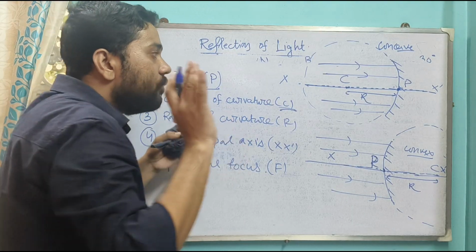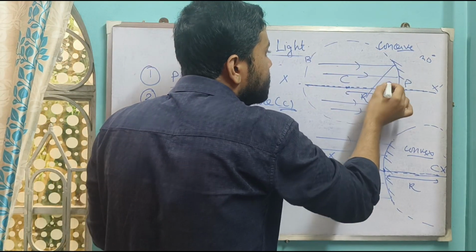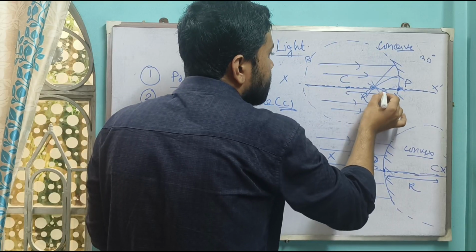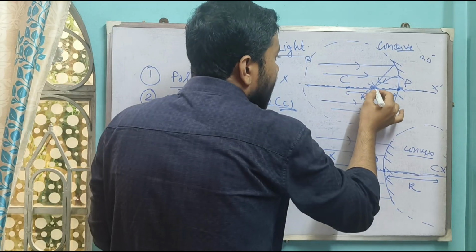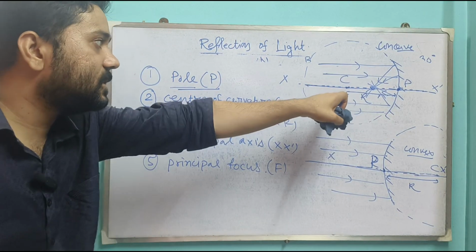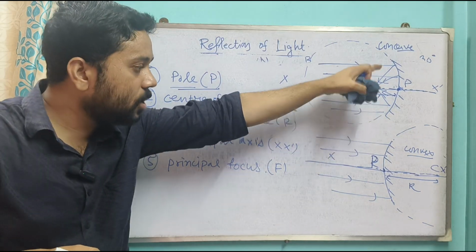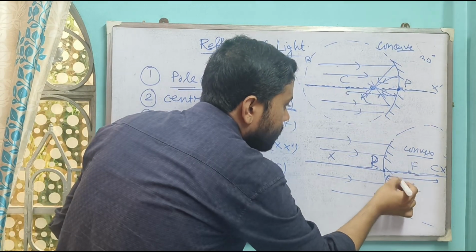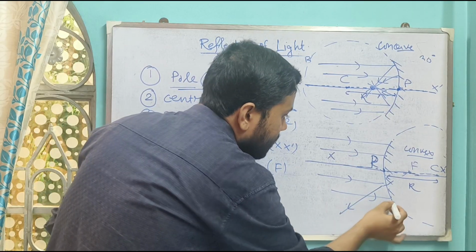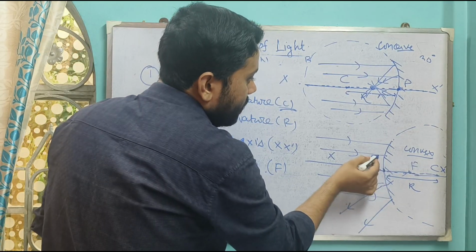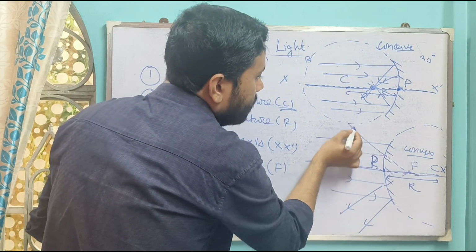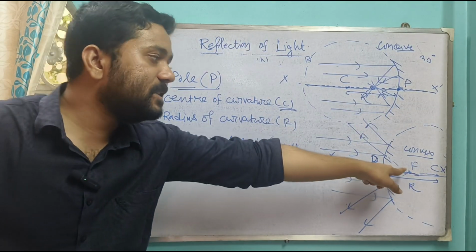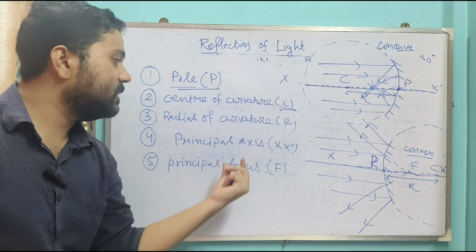Then what will happen? For a concave mirror, the rays meet at a fixed point on the principal axis. For a convex mirror, the rays actually diverge, but they appear to meet from a fixed point on the principal axis. That fixed point is called the principal focus.